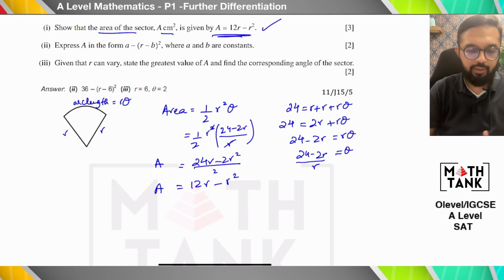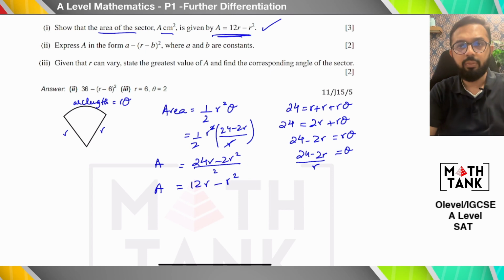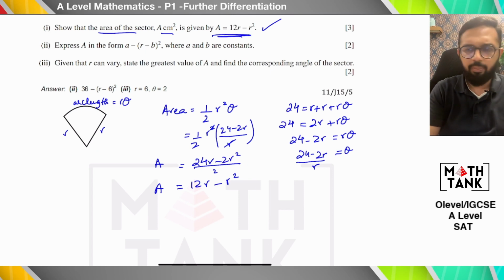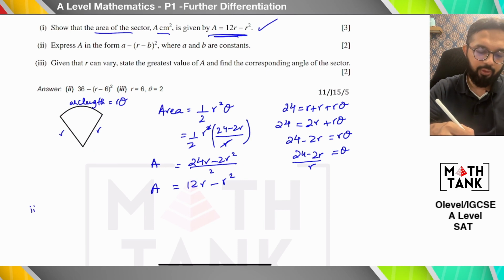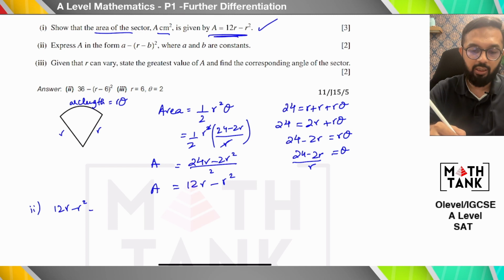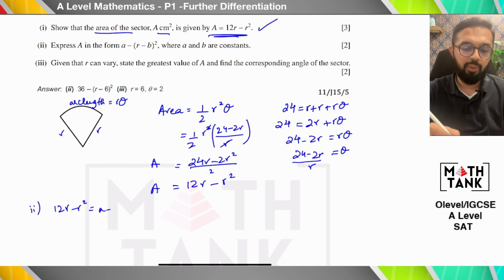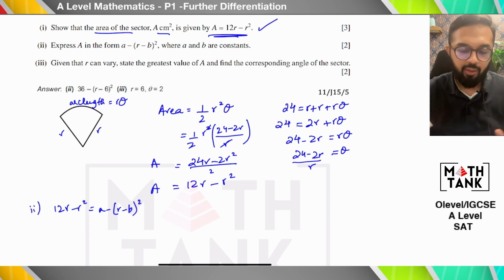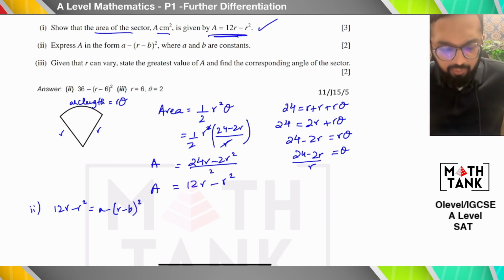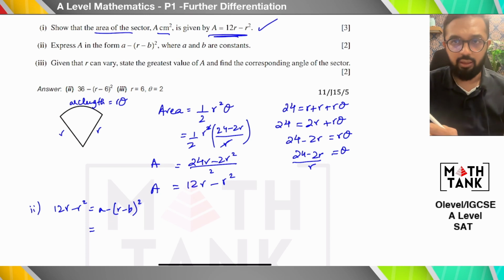So part 2 says express A in the form A minus (r minus b) whole squared. This is more of a completing the square question. Let's do that quickly. So we are going to use 12r minus r squared equals A minus (r minus b) whole squared. Then I'm going to do a comparison here.